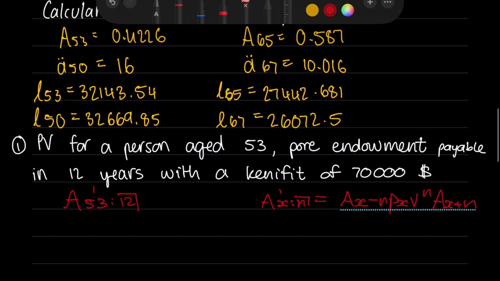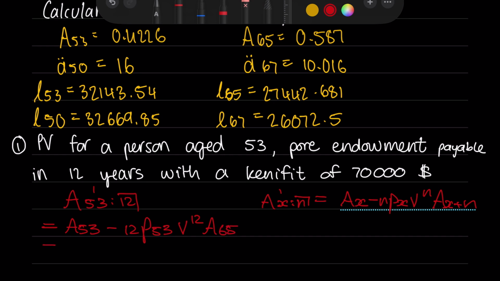So now we're just going to be substituting values in. This is going to be A_53 minus 12 p_53 v^12 A, that's going to be 65.